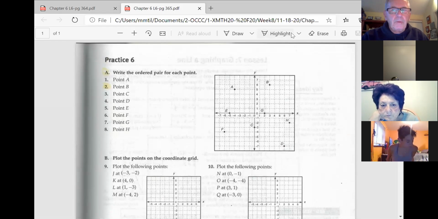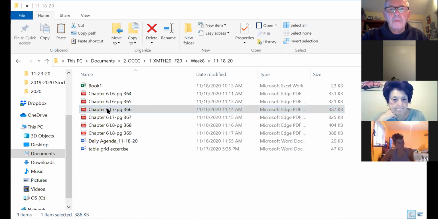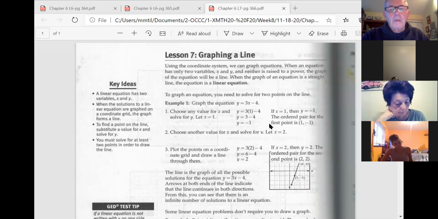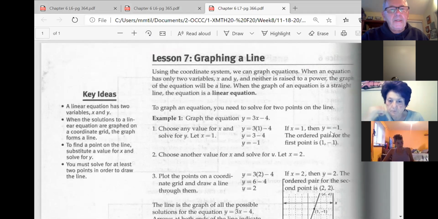Okay, I'm going to go to the next page, because then it gets into some of the real formulas, right? Okay. So now we're graphing, okay? And there's a lot of detail on graphing because it's really important.